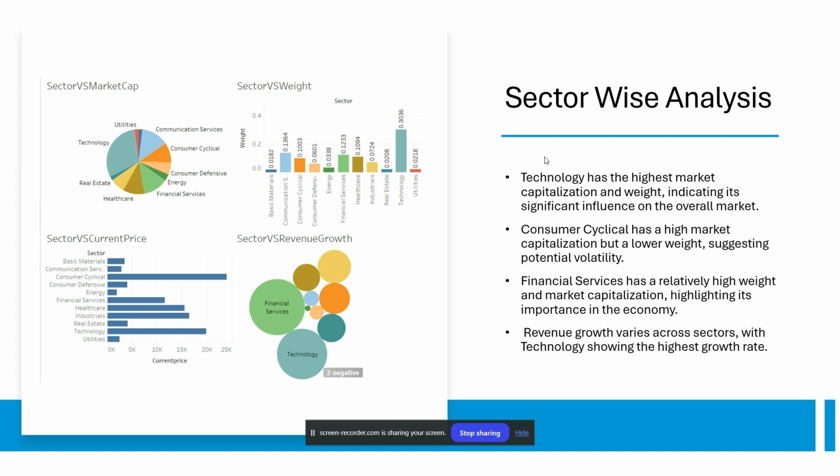Now we're gonna analyze with respect to sector. From this analysis, we came to know that technology has the highest market capitalization and weight, indicating its significant influence on the overall market. Also, consumer cyclical has the high market capitalization but a lower weight, suggesting a potential volatility.